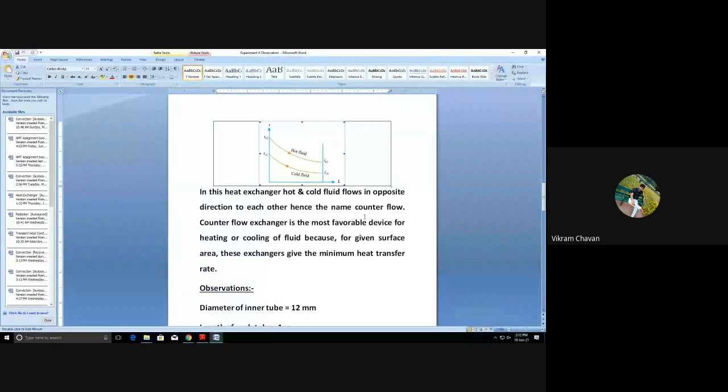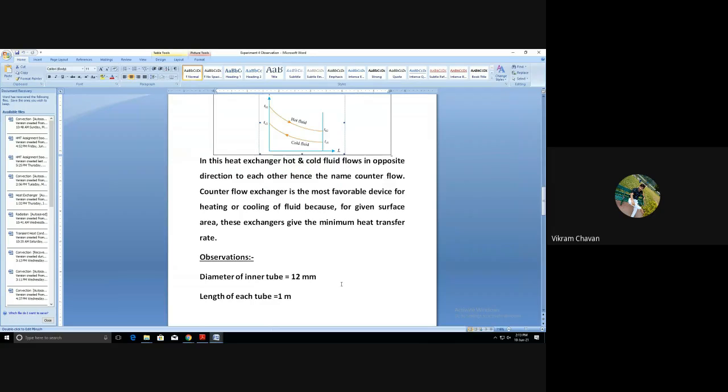Okay, for a particular surface area, if you consider the same heat exchanger for the parallel flow and the counter flow, you will get the same surface area for both flow arrangements, and in that case, for the same surface area you will get the maximum heat transfer rate in case of counter flow heat exchanger as compared to parallel flow heat exchanger.